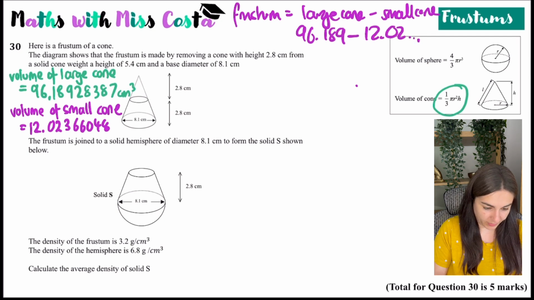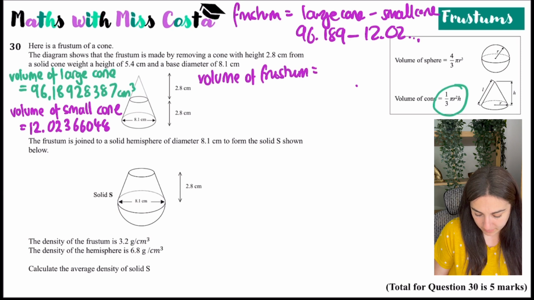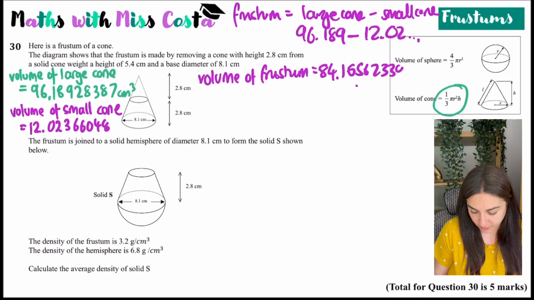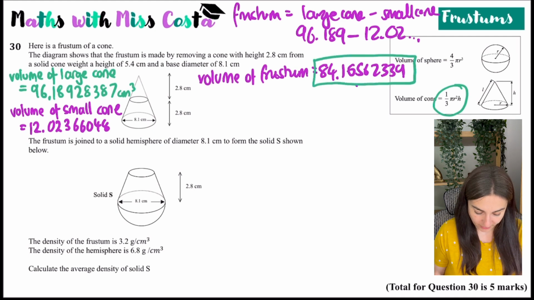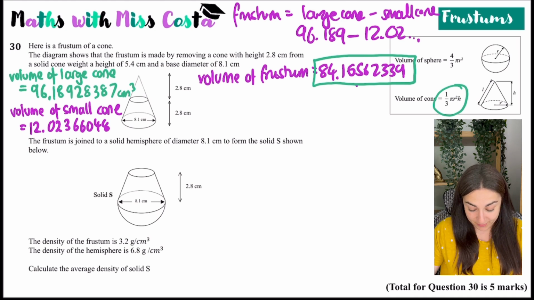So 96.1892837, take away answer equals, so volume of frustum equals 84.16562339. Right, excellent. So I know that that is the volume of my frustum.